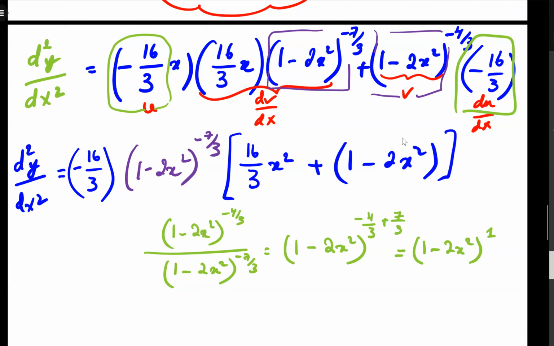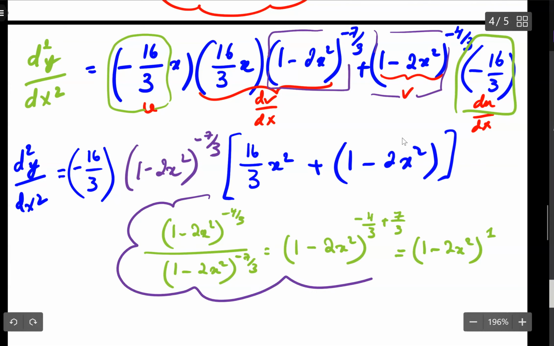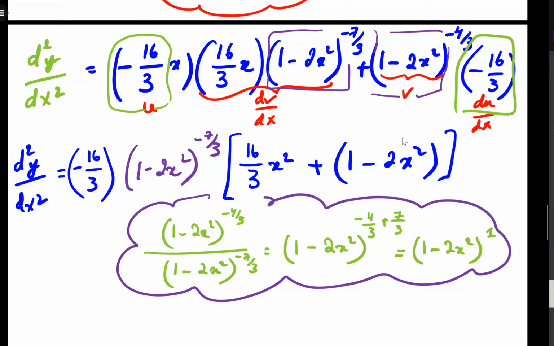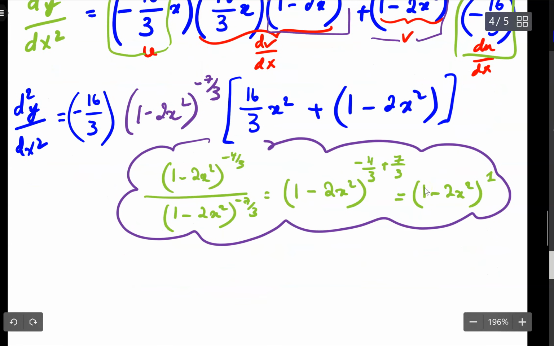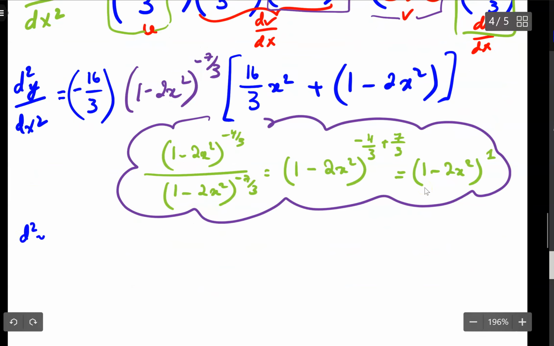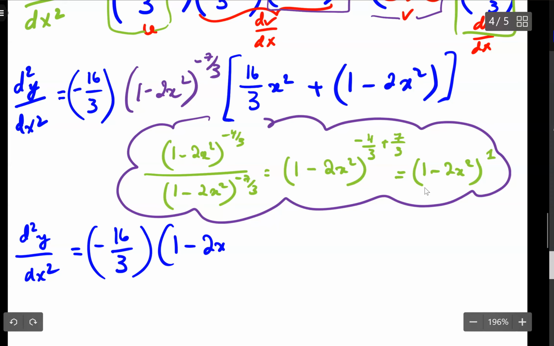Okay, so let's put this in this cloud, because I just want to remind everyone how I come up with 1 minus 2x squared. Okay, d squared y over dx squared. So I have negative 16 over 3, and I multiply this with 1 minus 2x squared, all of it raised to the exponent negative 7 over 3. And inside the brackets, I would like to take a common denominator.